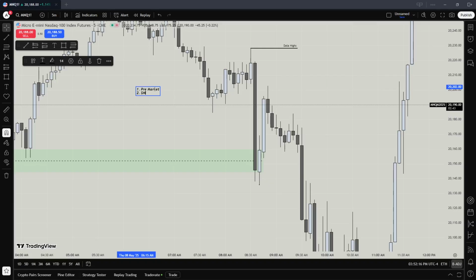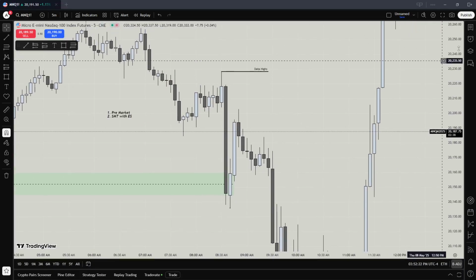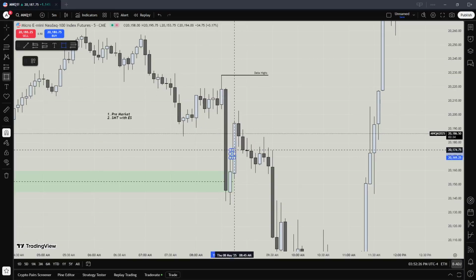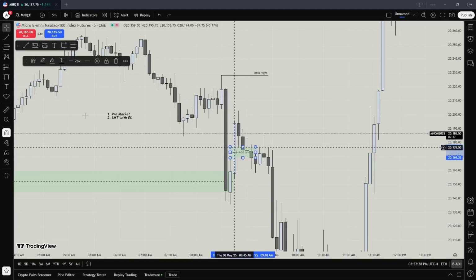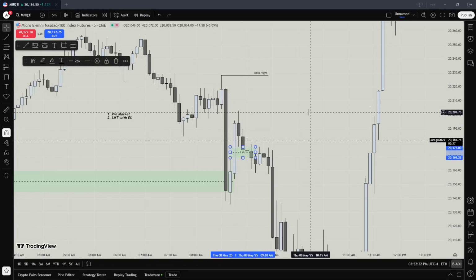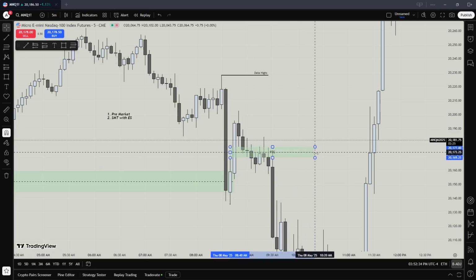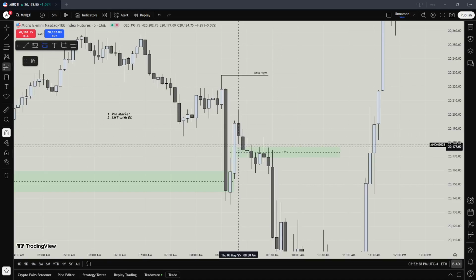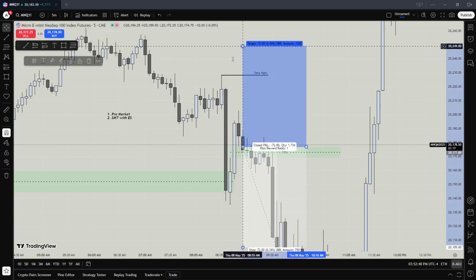Pre-market, volatility's down. What else? We have SMT with ES, which was probably the dumbest thing that I chose to do. So this is where I enter. I wait for a 5-minute gap tap because my thought process was if we are going to go up, then we're going to respect this 5-minute fair value gap. So I get in on the gap tap right here, limit order.